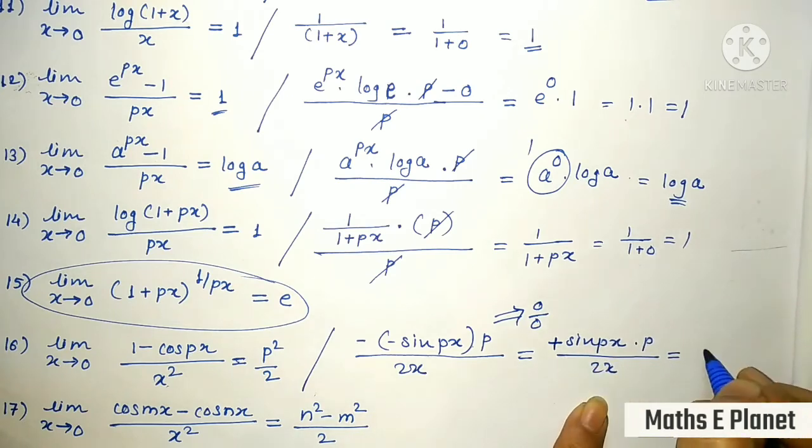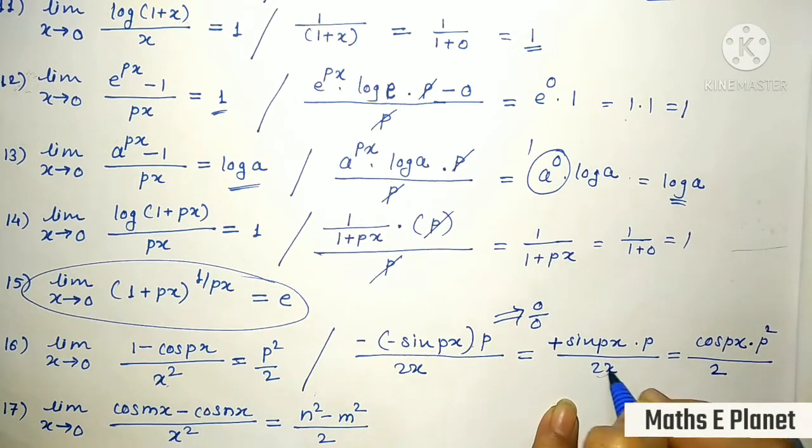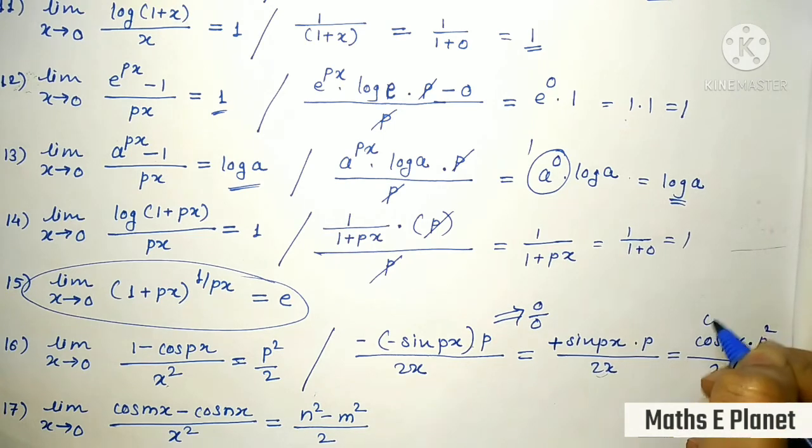The derivative of sin px is cos px. Instead of x there is px, so by chain rule we have to take the derivative of px, and it is p, and the initial p, so we are getting p square here, divided by 2. The derivative of 2x is 2. Now put x is equal to 0, so cos of 0 into p square divided by 2.